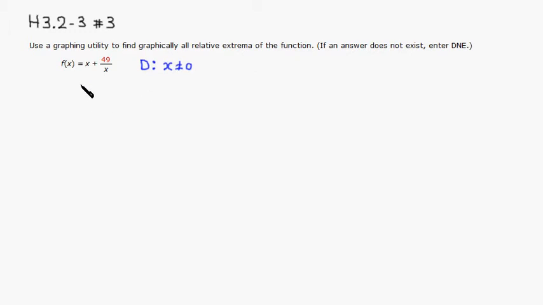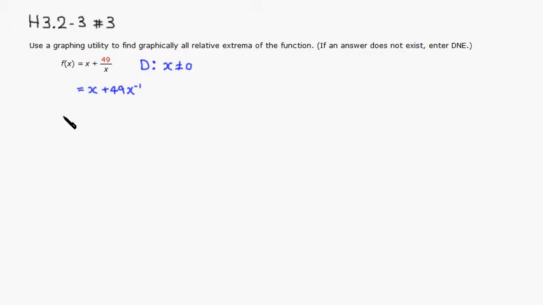So first thing we do is rewrite the function so that I can take the derivative more easily. So you have x, and 49 over x can be written as 49 x to the negative 1 power.